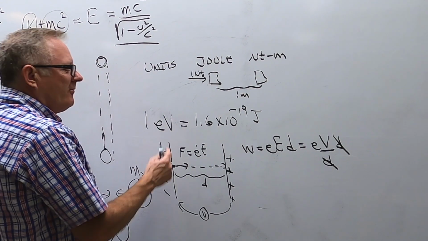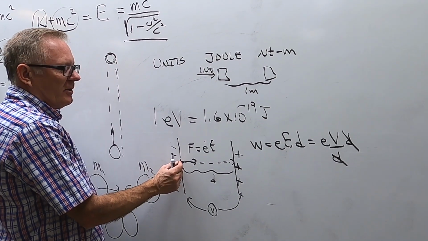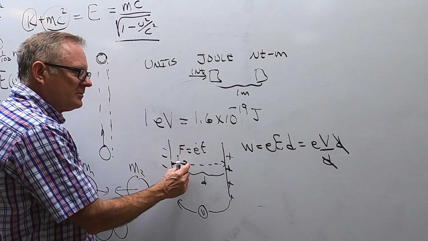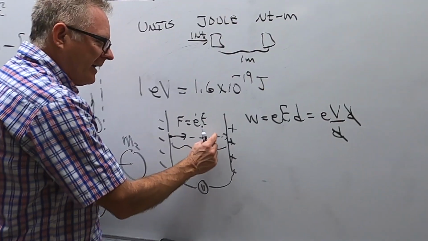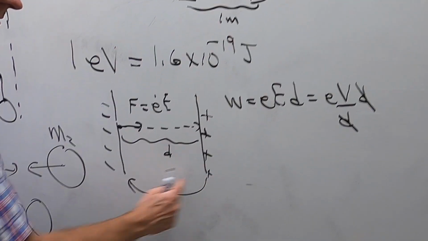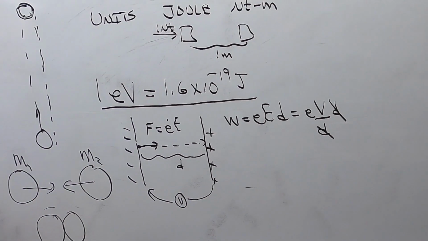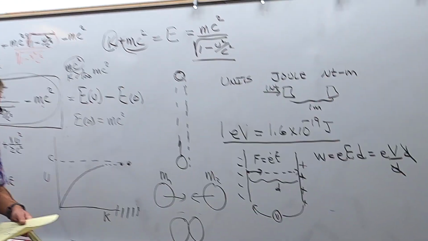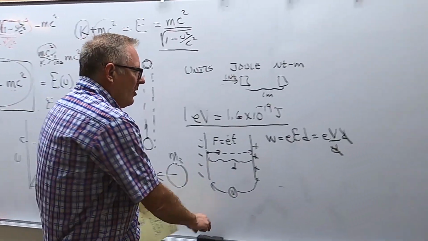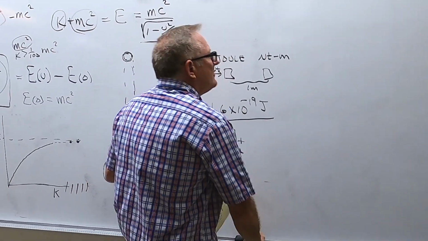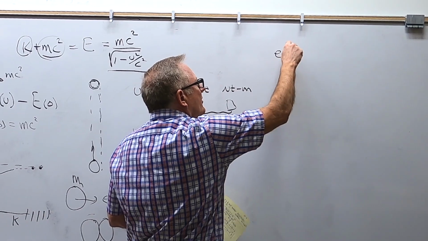So 1 eV is just the amount of energy the electron acquires in going through two plates of 1 volt. All we need to remember is that it's a very small amount of energy. Now we've got these units called eV.